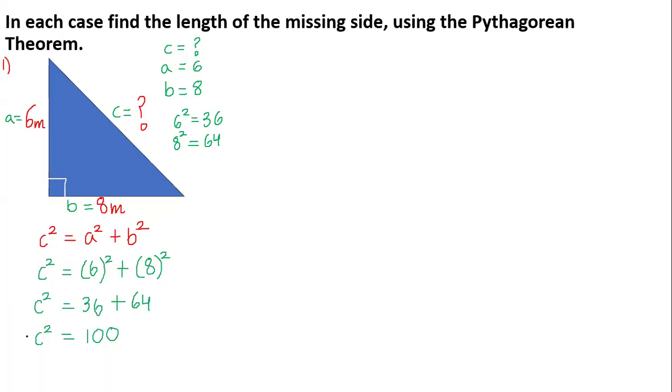We square root this, and we square root this, so they cancel. C is equal to what? What is the square root of 100? 10. Very good. The square root of 100 is 10.